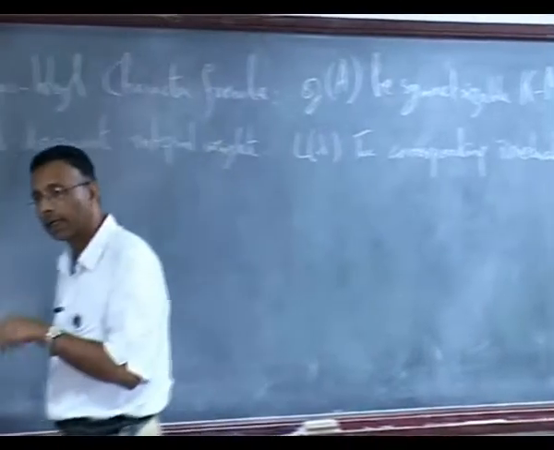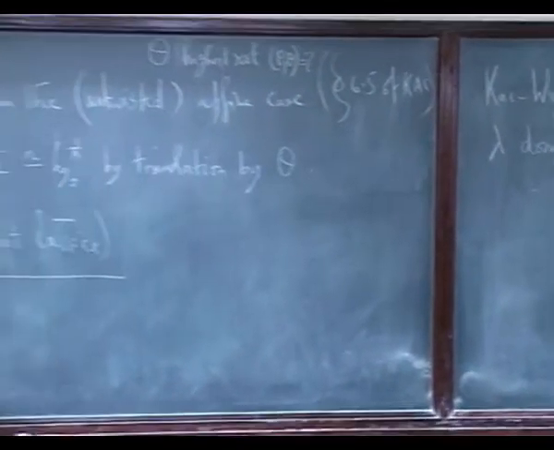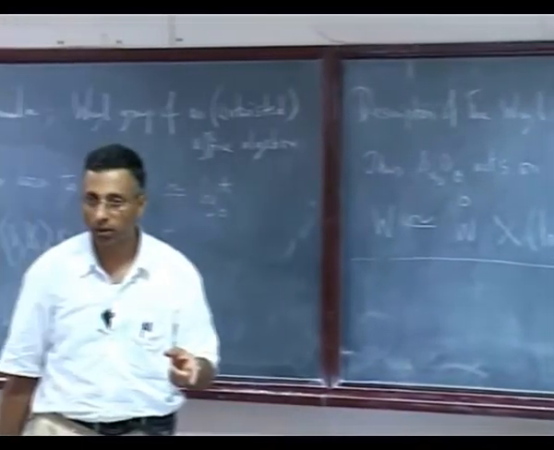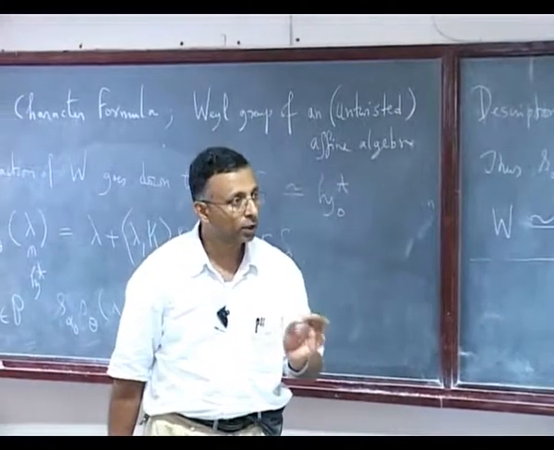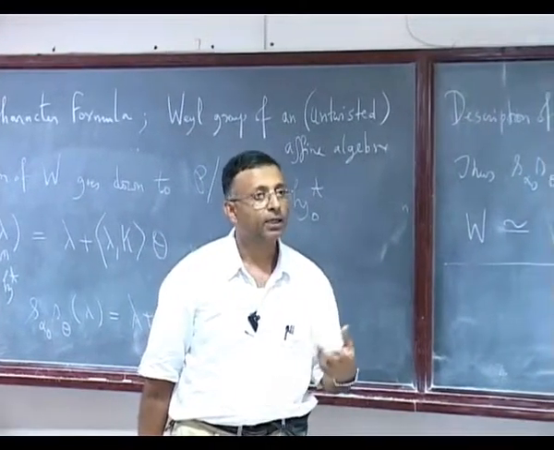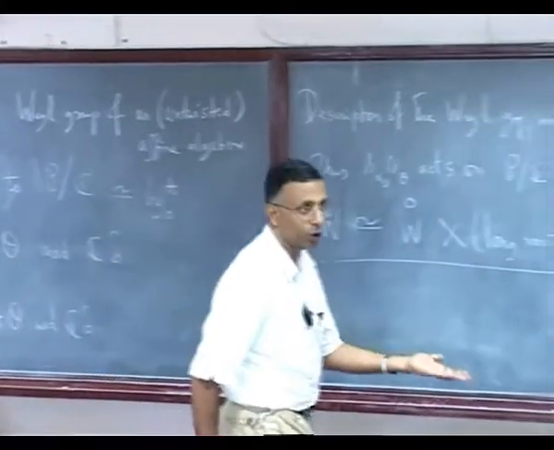Now, that requires some comment. What do I mean by the corresponding irreducible representation? In the finite dimensional situation, you saw that there was a one-to-one correspondence between elements of H star and Verma modules and their irreducible quotients.